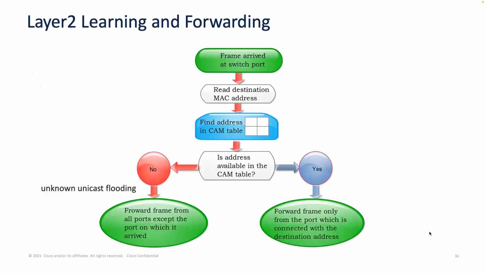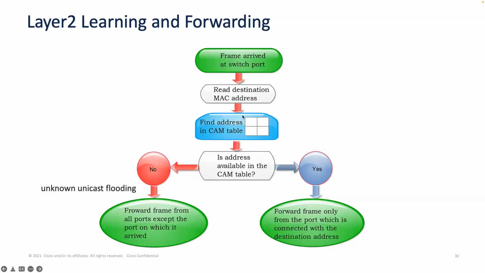Moving to layer 2 forwarding, let's talk about it. When the frame comes to the switch interface, the first step, actually not in this picture, is that the switch learns the source MAC address of the frame in the way we discussed in the last slide. Then the switch reads the destination MAC address of the frame and compares it with the MAC address table.